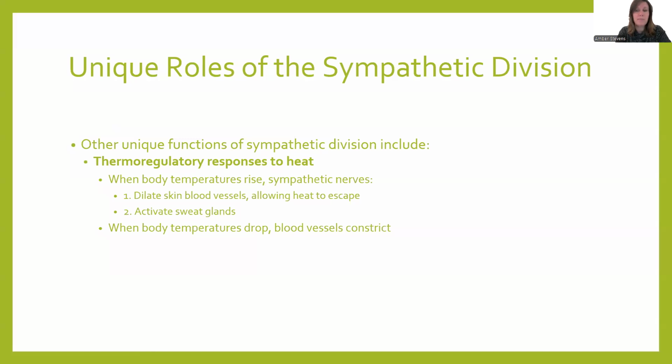It releases renin from the kidneys to increase blood pressure, mobilizing fat and glucose for energy during stress. Those are some other unique functions that happen just with the SANS, or the sympathetic division.